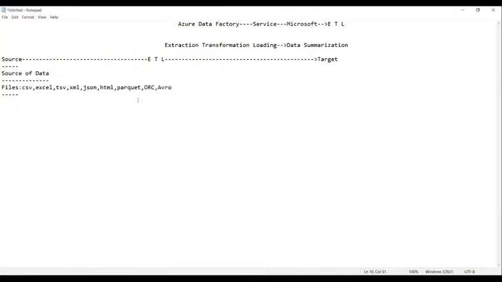Apart from files, what are the other sources from which we get the data? Databases. So what is the very basic difference between files and a database?